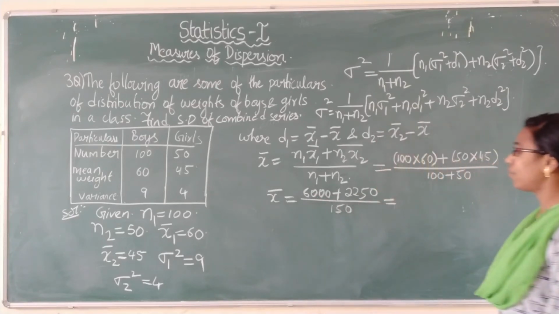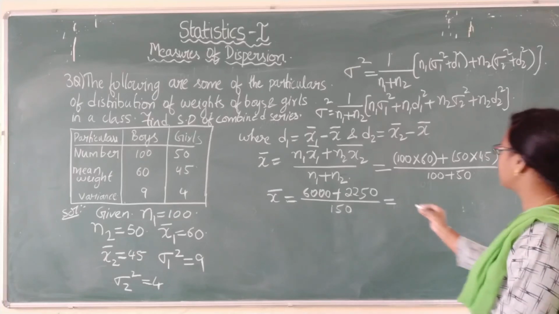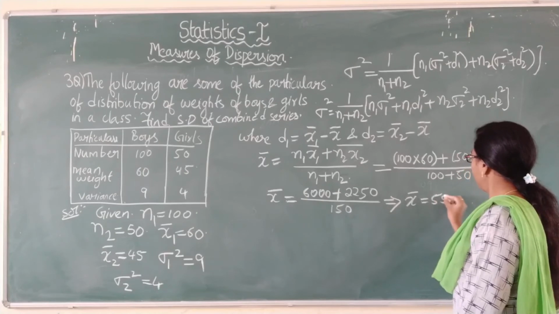So the x bar value we are going to get is 8250 divided by 150. So what is the answer? 8250 divided by 150 is 55. So we got the x bar value, which implies x bar equals 55.